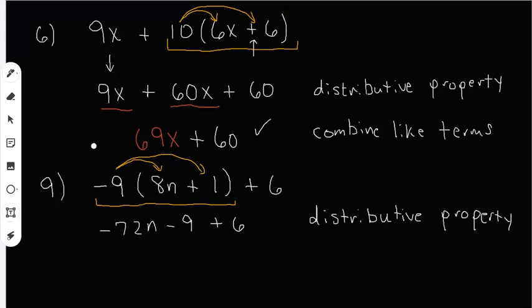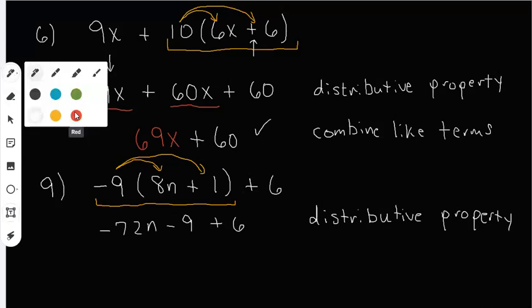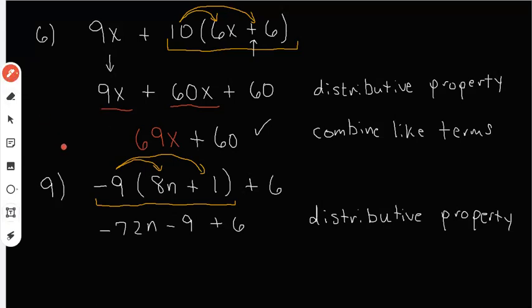So now what I can do is underline my like terms. I notice that negative 9 is just a regular number, just like the 6 is. So I'm going to underline those. And now I'm going to combine them together. I bring down my negative 72n.